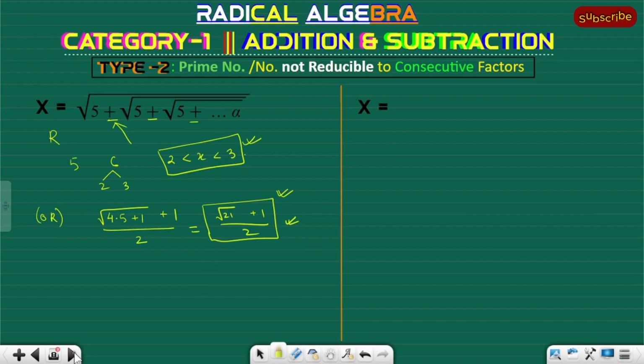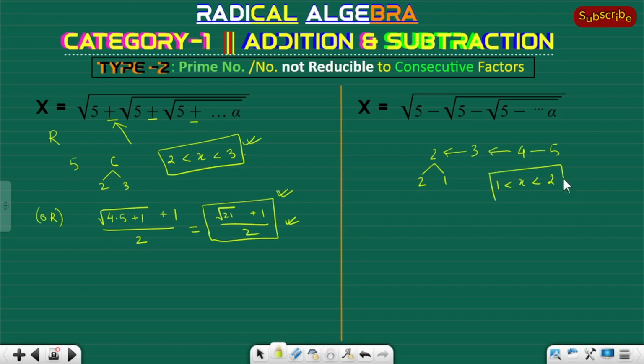Next question. Here it is negative, right? So 5, and the next number towards the left is 4, then 3, and again 2. At 2 we have consecutive factors. So the answer lies between 1 less than X less than 2.